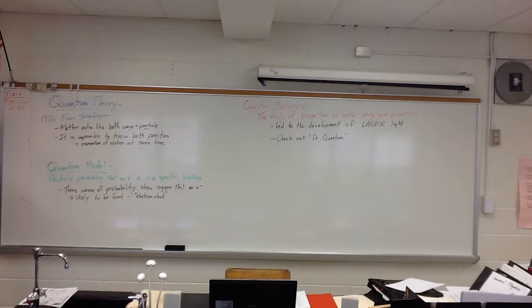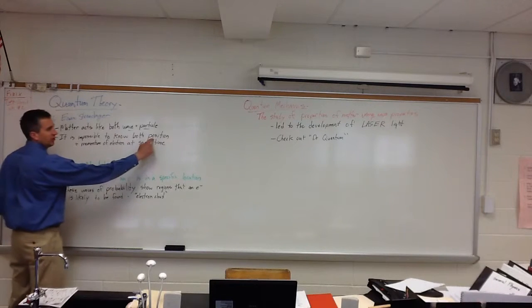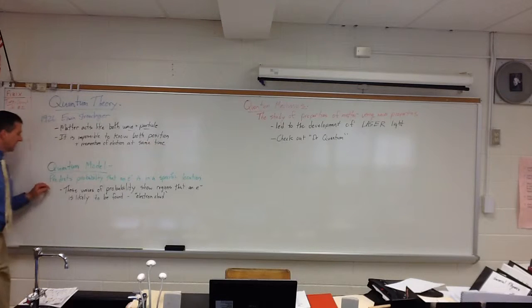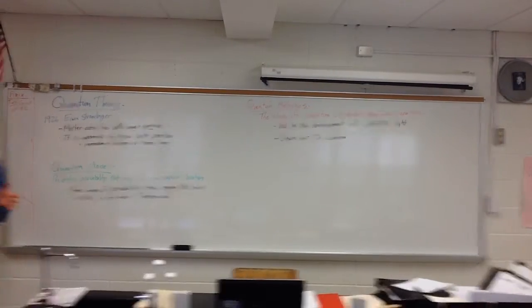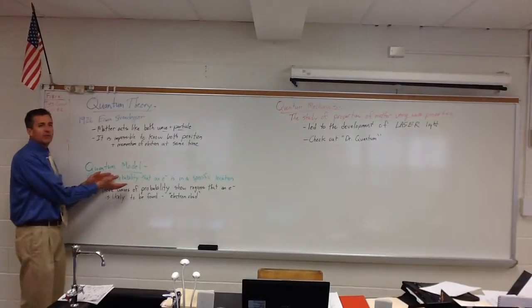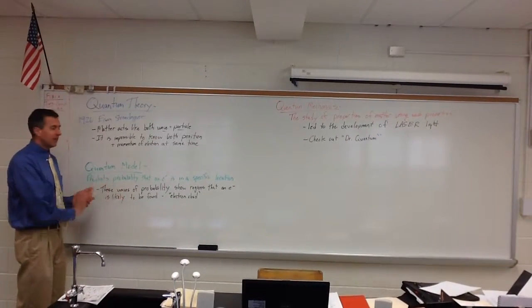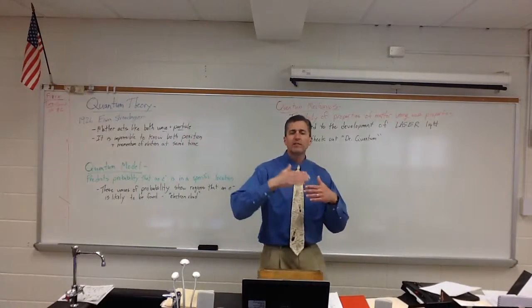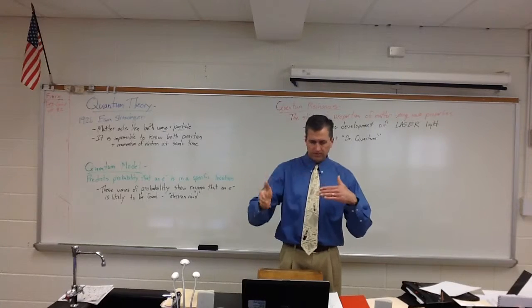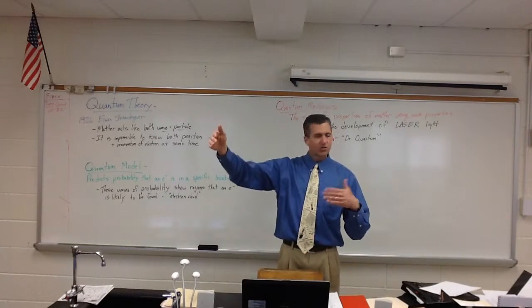Now the next thing is the quantum model. The quantum model actually helps you address this, the position. It says there's a probability that an electron is in a specific location. And this is what you're used to dealing with from chemistry. In chemistry, how did you talk about electrons? You said they're located in shells.